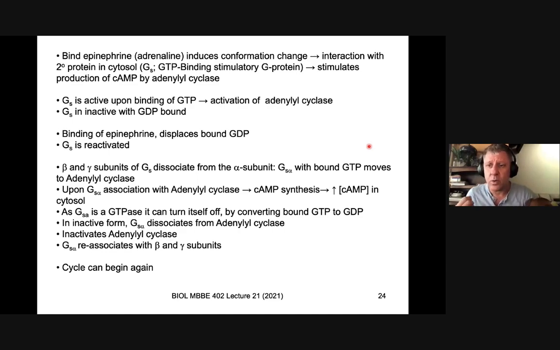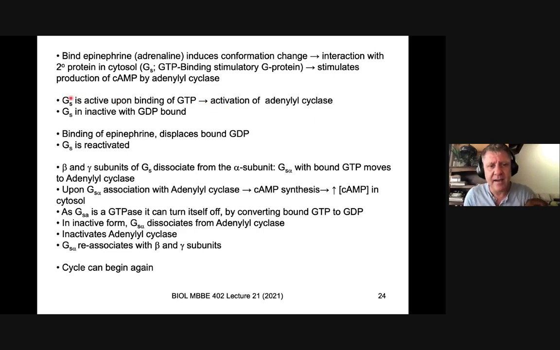And that is what we call the Gs, or the GTP binding G protein. This is the guy that stimulates, importantly, the production of the cyclic AMP by another enzyme. So again, it follows what we've talked about previously in regards to the 3 components that are required for GPCRs. So I'm going to go through it step by step, and then I'll show you the picture, and we'll go through it again. So this is the importance of these GPCRs.